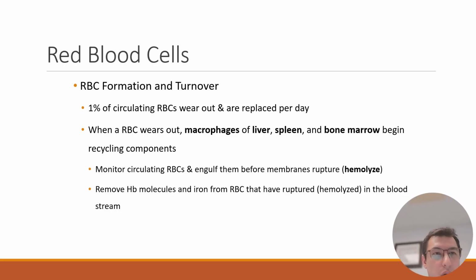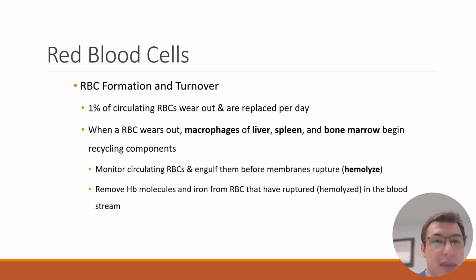So now that we know how red blood cells are made, let's talk about how they are recycled. About 1% of red blood cells wear out and are replaced every day. And that is again because they don't have organelles and they have to continuously bend and fold when they go through a small capillary, they might just break.